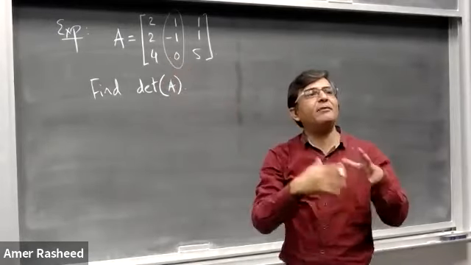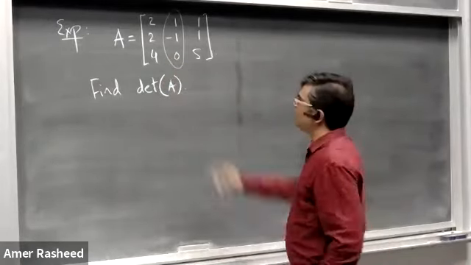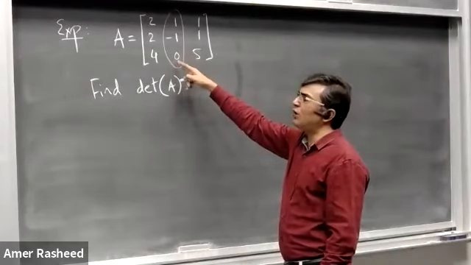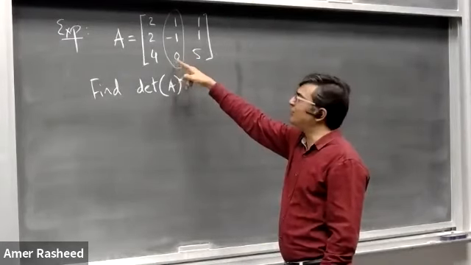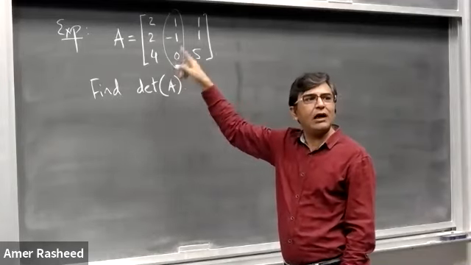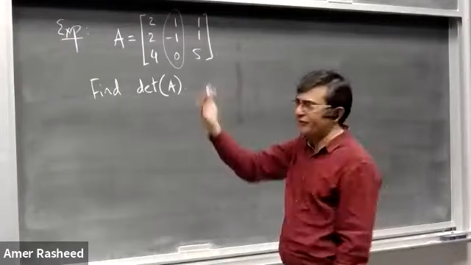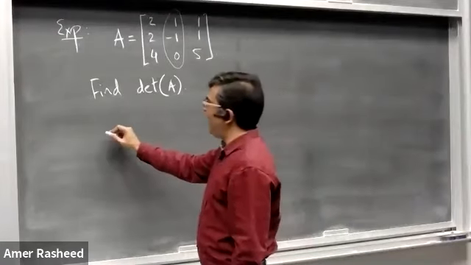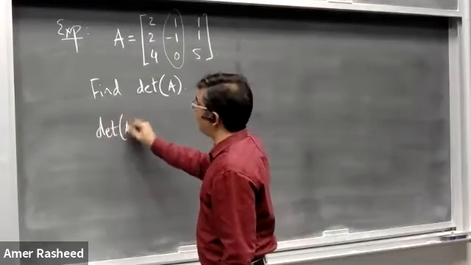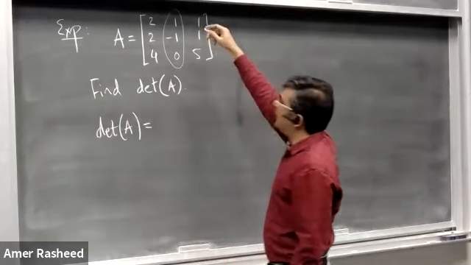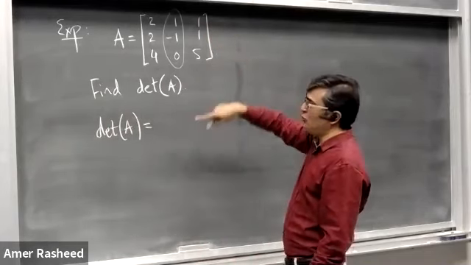So it will simplify my calculations. Because one of the coefficients is 0, I don't need to compute that cofactor, because it will ultimately go to 0 when I multiply that cofactor with the 0 entry. Now, I'm going to find the determinant of this matrix using a cofactor expansion along the second column.